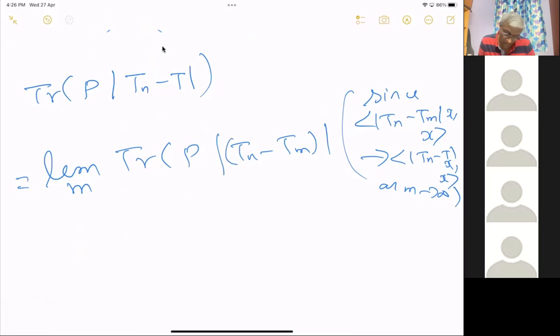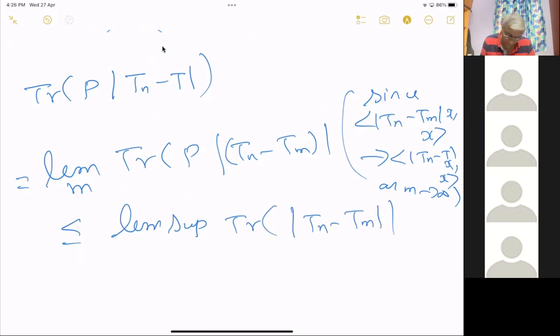Okay. Now, what is this? This is the summation over finitely many of these e_n's. You can take an orthonormal basis for the range of this projection P and extend it to an orthonormal basis with the orthogonal complement. So this whole thing is less than or equal to the lim sup of the trace of |Tn - Tm|. The lim sup is over here.